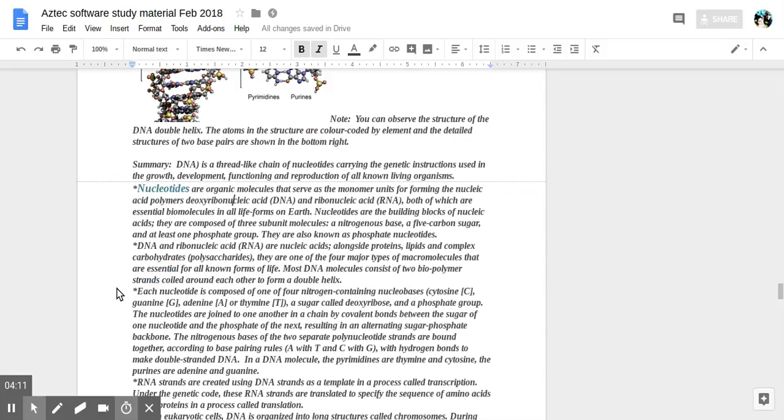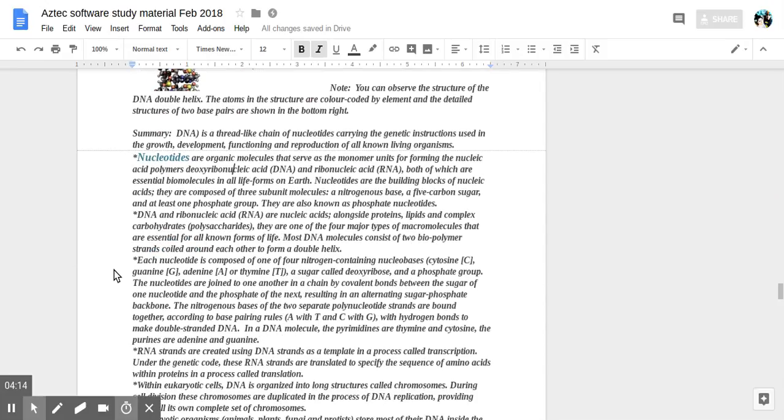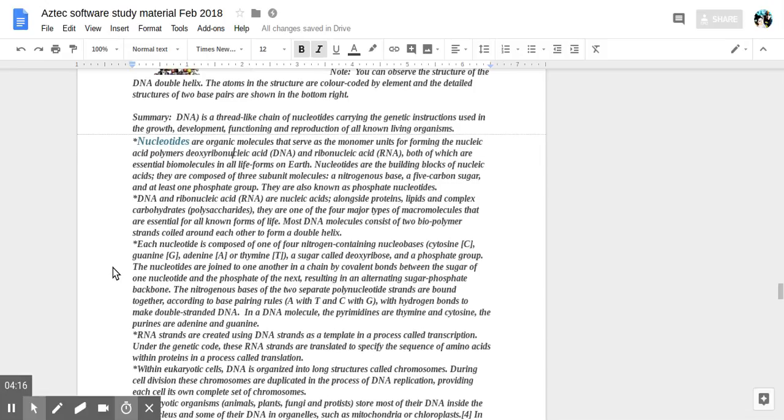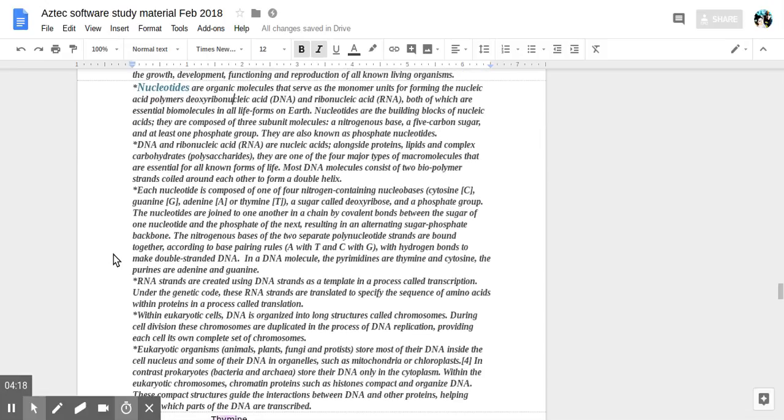Each nucleotide is composed of one of 4 nitrogen bases, again, cytosine, guanine, adenine, thymine, and a sugar called deoxyribose in DNA and ribose in RNA, and a phosphate group. The nucleotides are joined by covalent bonds between the sugar of one nucleotide and the phosphate of the next, resulting in an alternating sugar-phosphate backbone.